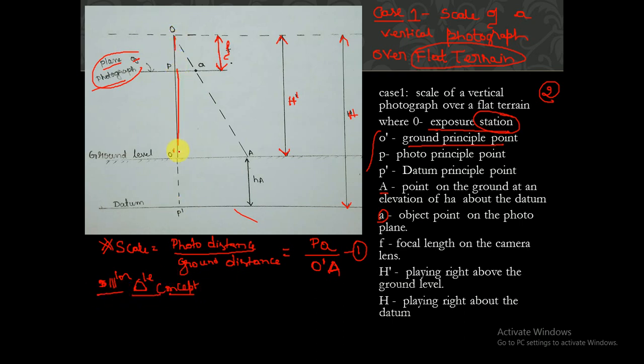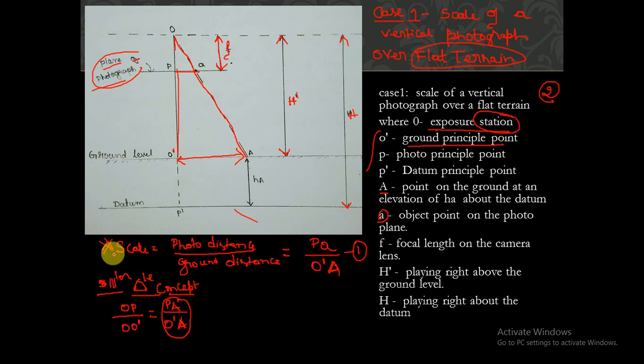I'll make use of this triangle, and I'll apply the equation for similar triangles. So from here, OP divided by OO dash will be equal to Pa, this Pa divided by this distance O dash A. This is how the relationship has been built by the concept called similar triangles, right? So what is Pa by O dash A?